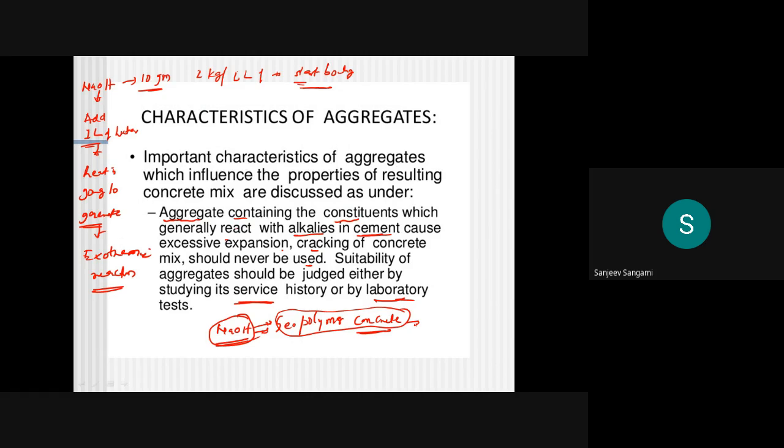Once it starts boiling, slowly the expansion is going to happen. So whenever you are adding sodium hydroxide, remember that a proper mix design has to be made. Temperature should not be increased because the concrete will be under temperature stresses. That has to be taken care of.